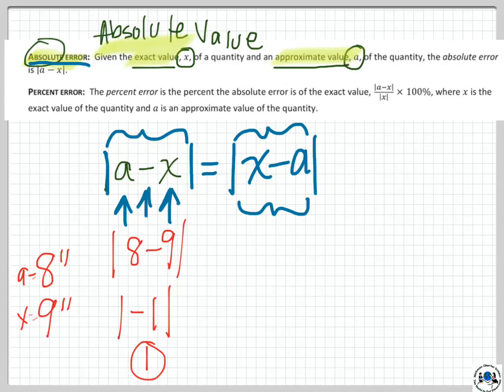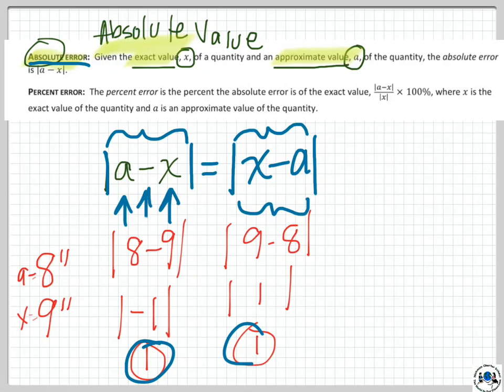Over here, the absolute value of x minus a is the absolute value of positive 1, which is also 1. So you can see that they are the same. And that's why we use the absolute value signs when we are figuring out these absolute errors and percent errors, so that we always end up with a positive number here. Okay, all right, so percent error just continues on with that.